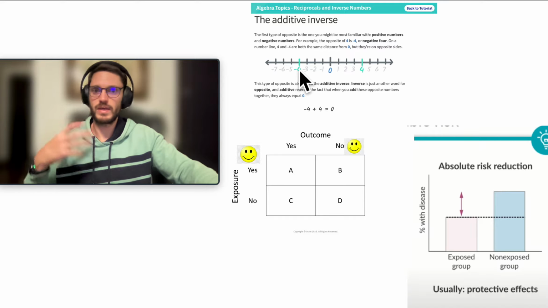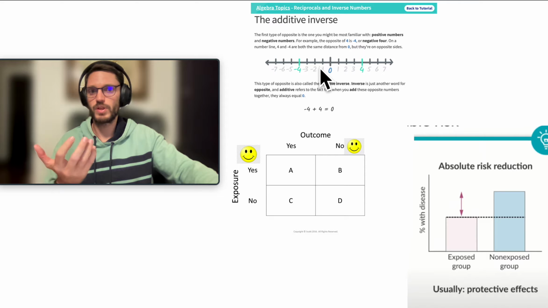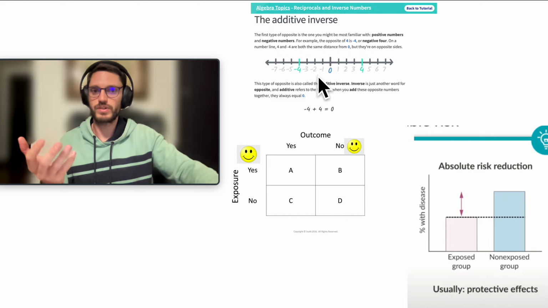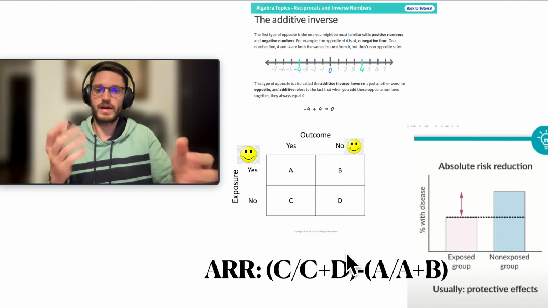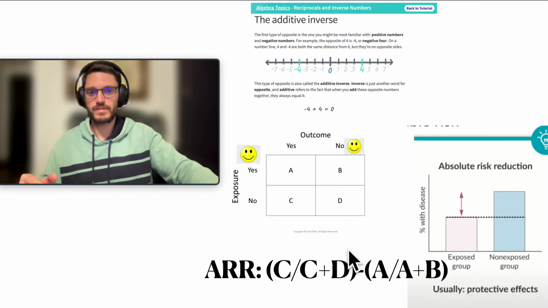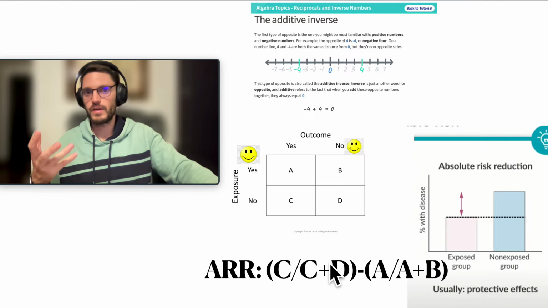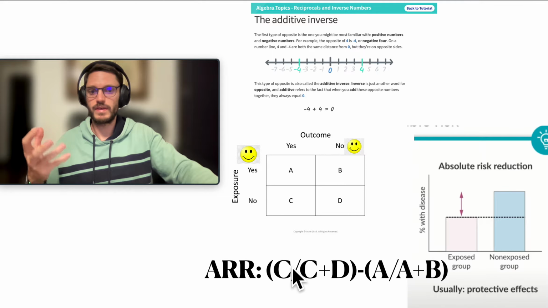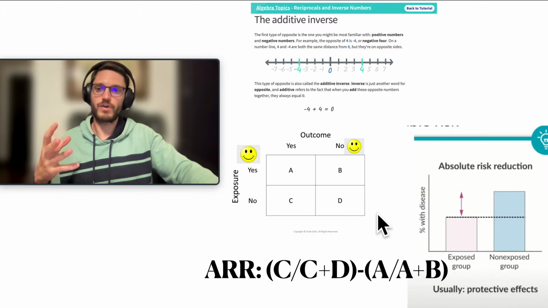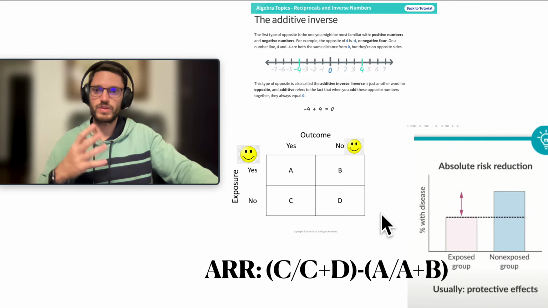If you use the attributable risk formula, it will just give you the same answer, only with a negative sign. So understand that this time you have to put the incidence in the exposed group on the other side, because the incidence in the non-exposed group will be higher, because we're talking about those without the protective factor. Okay, so that's the formula for absolute risk reduction.